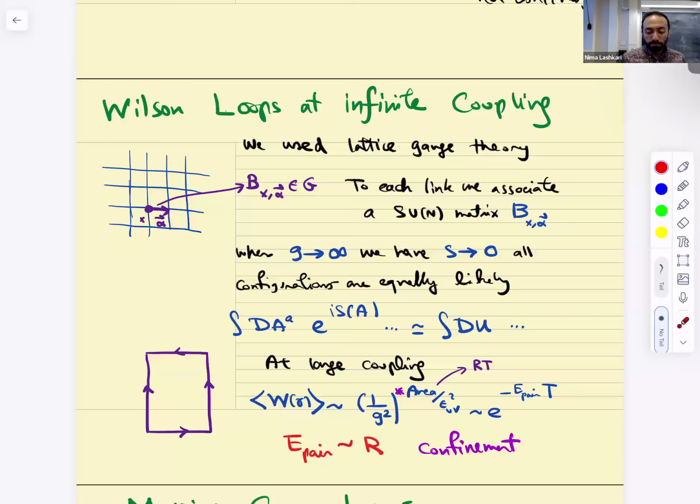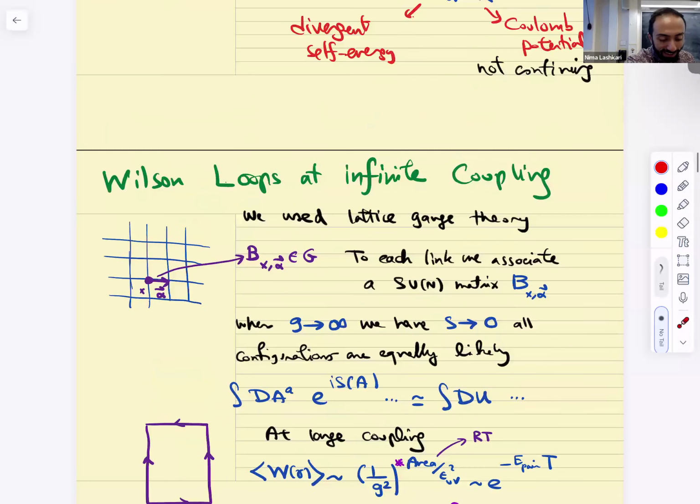Any questions? Yes. Very good. Correct. So when you go to g going to infinity, it's a little bit like this.